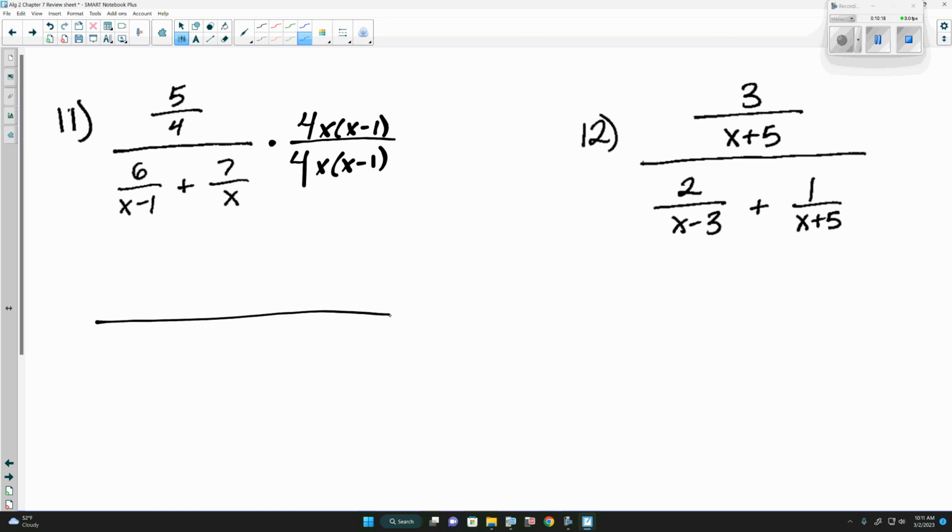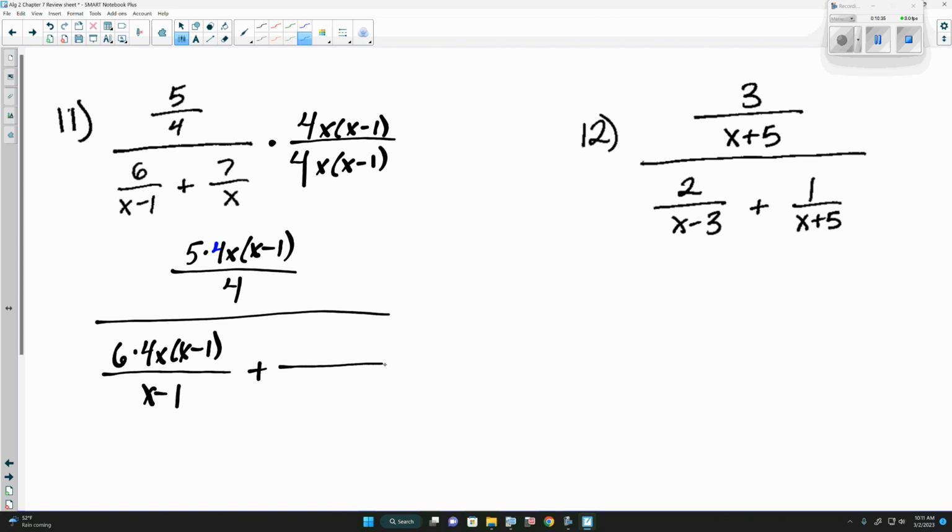Now what we'll do is multiply all the terms by it. So the top we're going to have 5 times 4x times x minus 1. Each one of the denominators will have 6 times 4x times x minus 1 over x minus 1, plus 7 times 4x times x minus 1 over x.